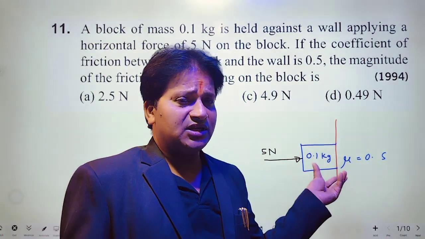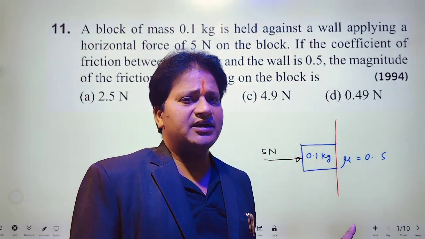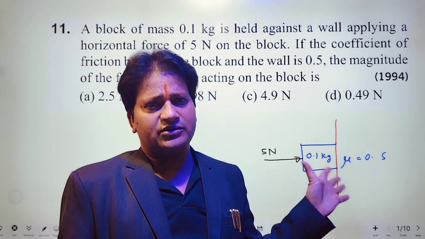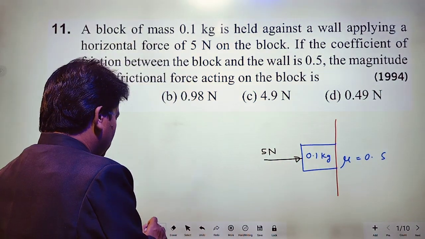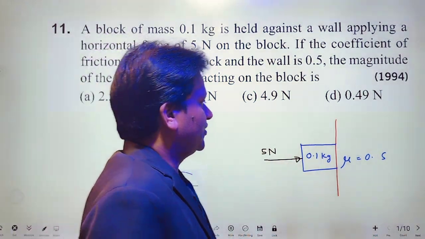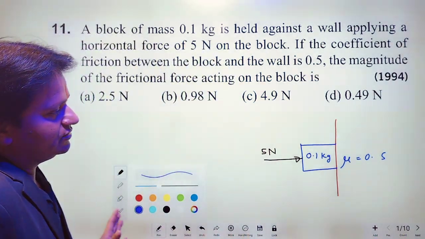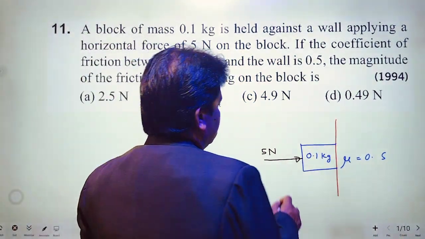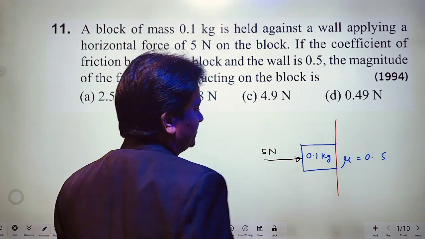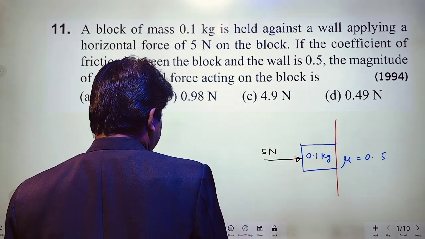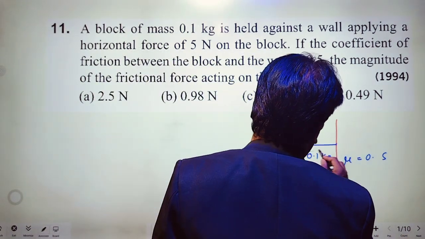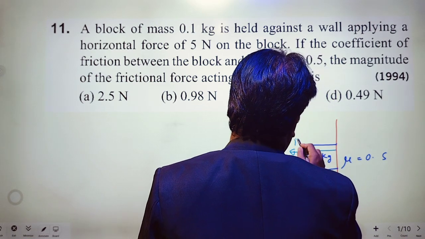This block is in equilibrium, therefore the net external force will be equal to 0. First of all, we consider the horizontal direction. This force is balanced by the normal reaction exerted by the wall on the block.